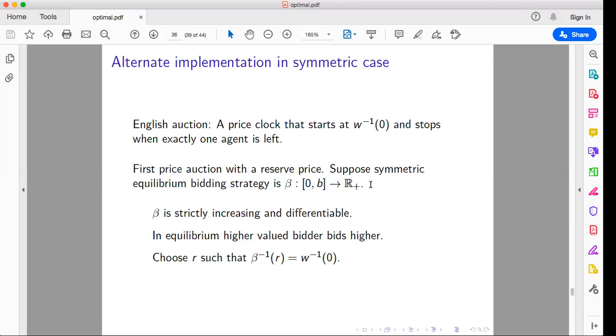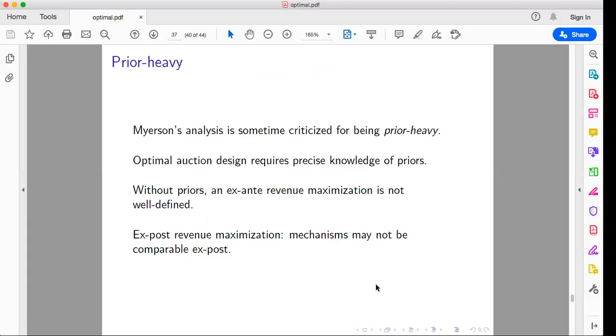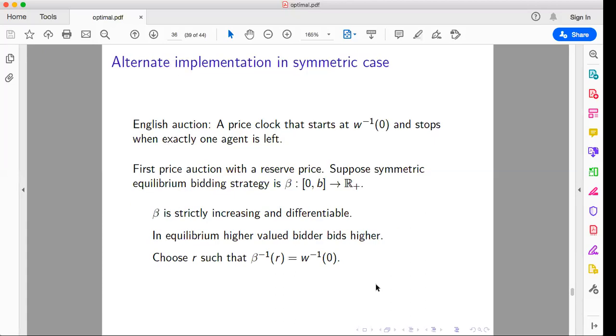Don't need to worry about that. All that matters is in equilibrium, higher valued bidder bids higher, and basically the allocation rule is the same in both the cases because the exclusion level is the same. Any questions?